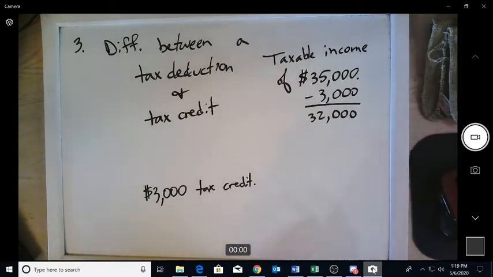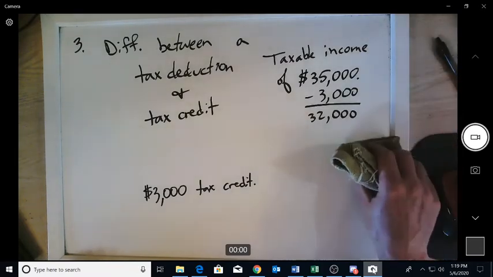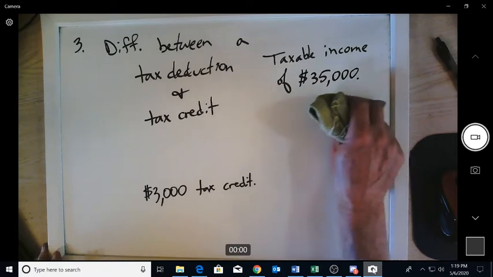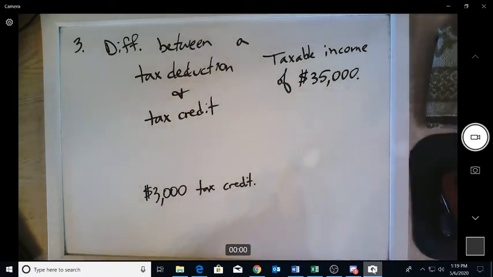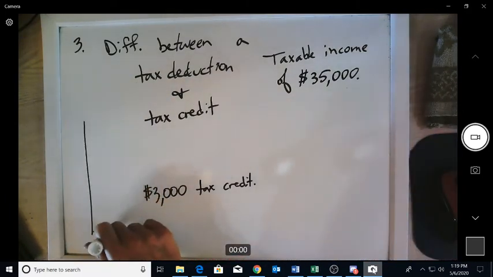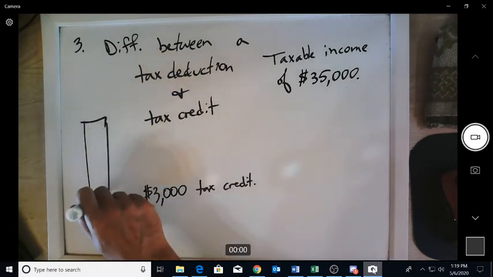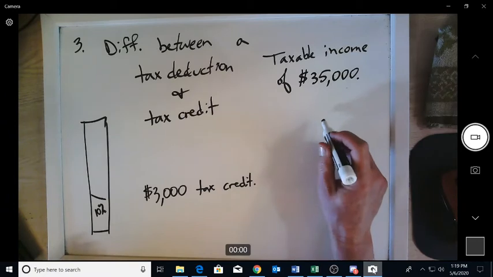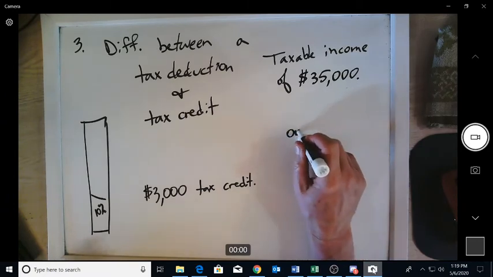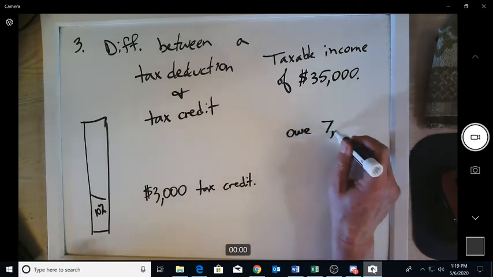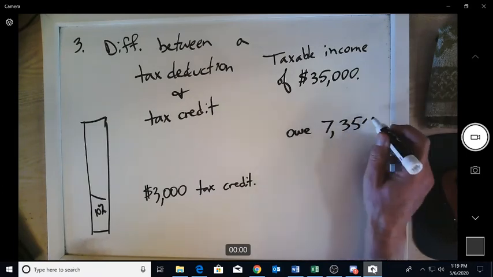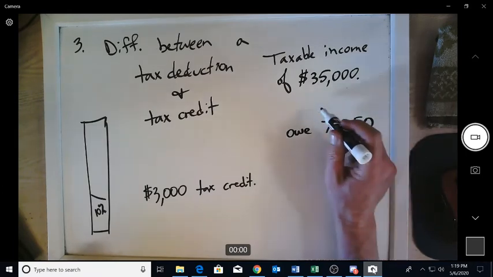So if the taxable income was $35,000 and you had a tax credit of $3,000, what you do is you do the whole column thing, and the first amount gets taxed at 10% and so on, and you come out with you owe $7,350.